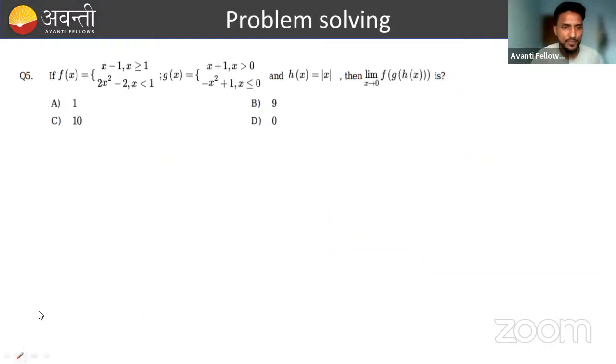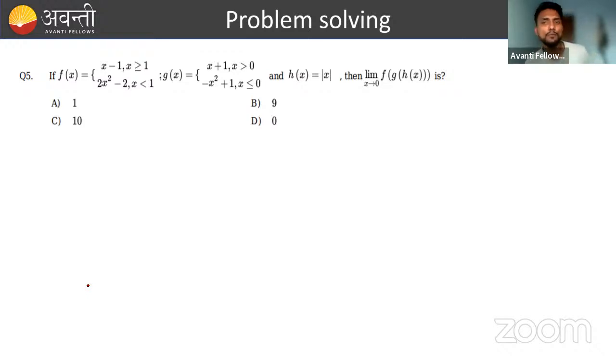Okay. Yeah, this is a good question, because here, for the limit part, there is nothing to do, but we should have the idea about the composite function. So we have f of x given, g of x given, and h of x given.